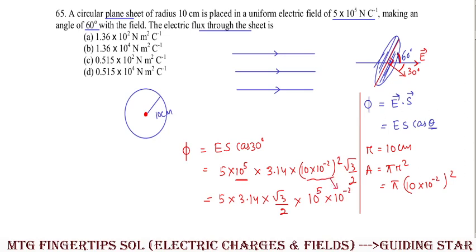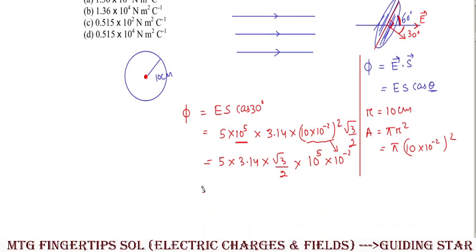After that, the calculations will be as follows. If we put these values, 5 into 3.14 into 10 to the power minus 2 comes to 15.70, into root 3, which is 1.732, whole divided by 2, into 10 to the power 3. Further calculations we can do.